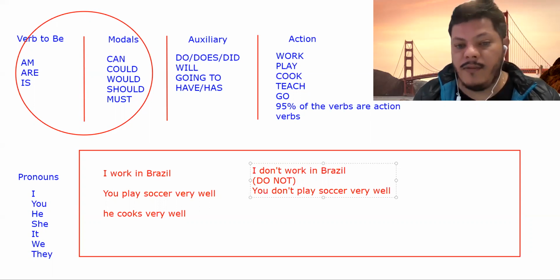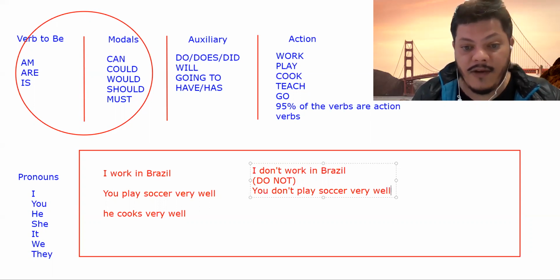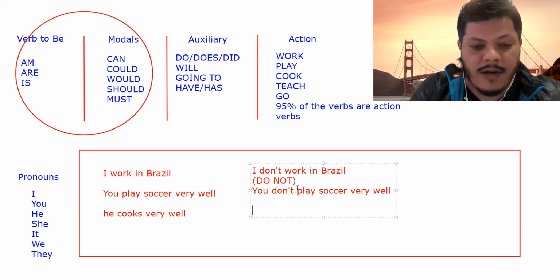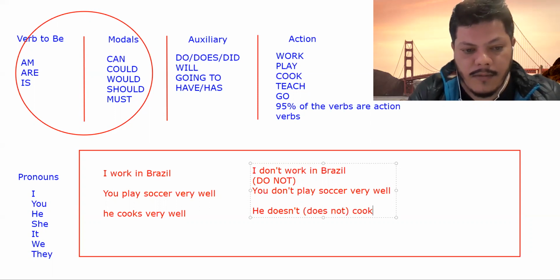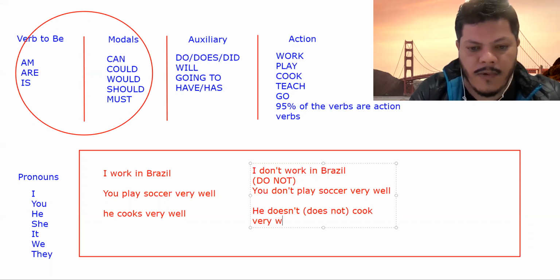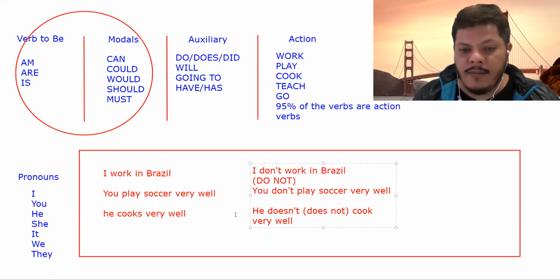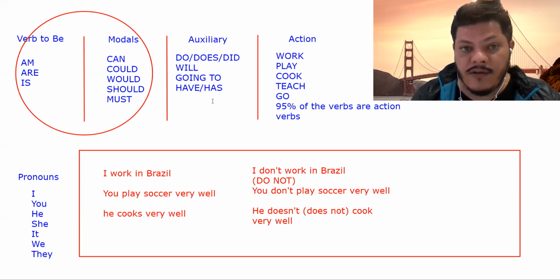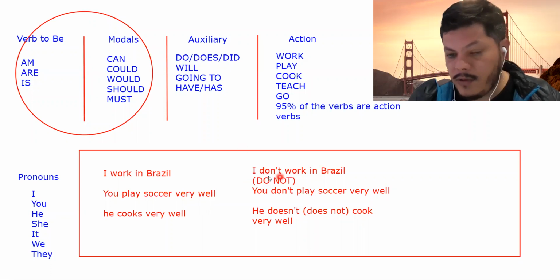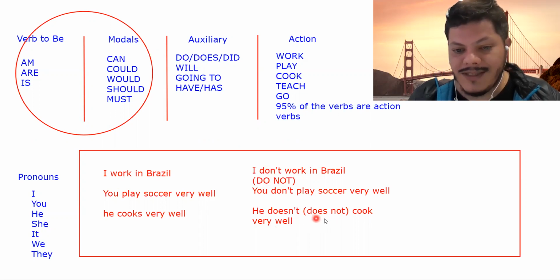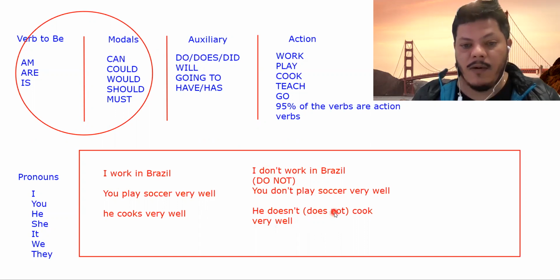That's a negative. And the third one, he doesn't, oh, does not, I could say does not cook very well. You see what I did here? So basically I am using the auxiliary verbs do and does in the negative. So don't is the contracted form of do not, doesn't is the contracted form of does not. And that's how you do it.